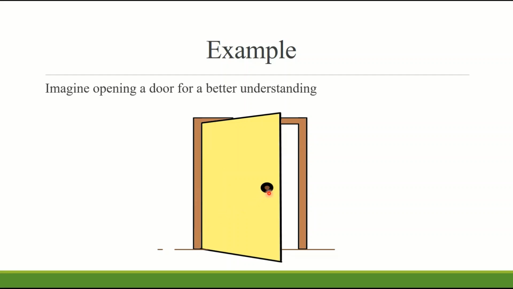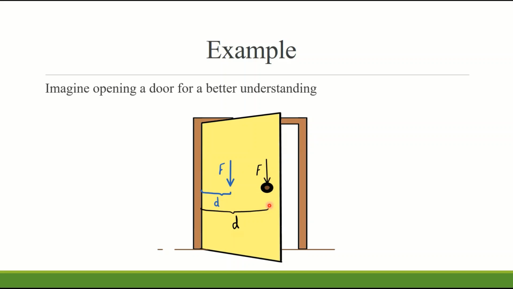So, to open the door, in addition to how much force you apply, where you are applying the force is important as well. If you are applying the force near the hinges, it's probably too hard to open the door. But if you apply it near the doorknob, the door will be opened more easily.